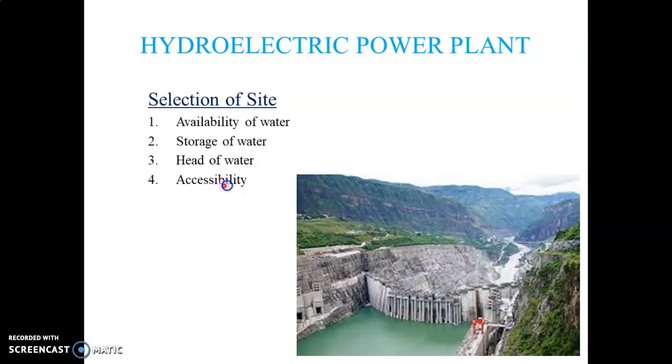While we set up the hydroelectric power plant, we need to install heavy equipment, so transportation facility is needed. Also, hydroelectric stations are located in hilly areas, so we should design the transmission infrastructure to transmit the generated power from the hydro station to the consumer side.